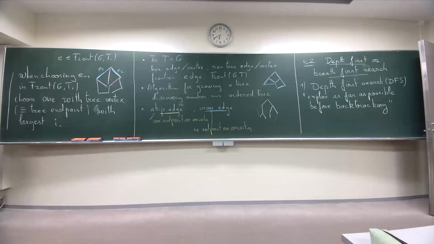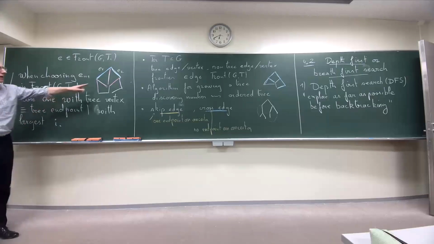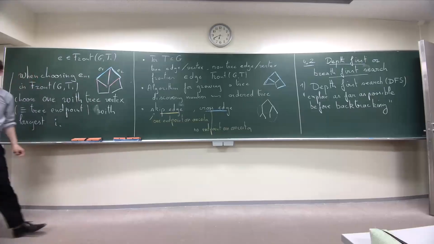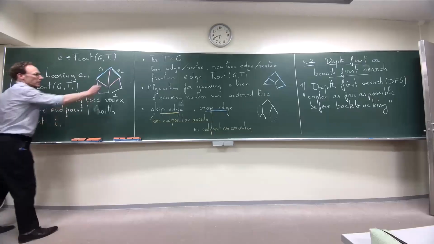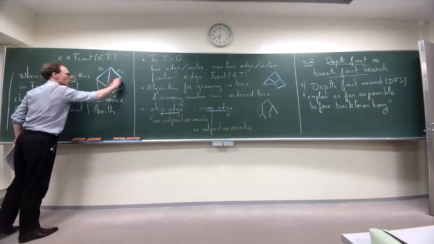Right, suppose we are at this step. I need to choose a new one. And if I follow this rule, it means I need to choose a red edge with one endpoint with the largest i. So here the largest i is 2. So if I follow this rule now, I should choose either this one or this one.